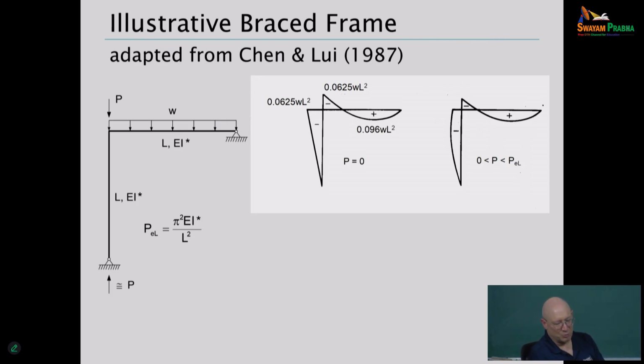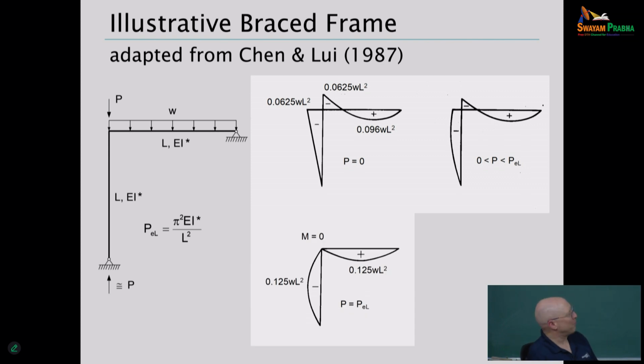But you're getting a reduction in stiffness of the column. Your moment diagrams are starting to look like this. This second moment diagram is for axial load level between 0 and PEL, where PEL is the Euler load, pi squared EI over L squared. Okay. Now let's take axial force equal to PEL. Guess what? For this dinky little frame here, the moment at the knee joint is now 0.